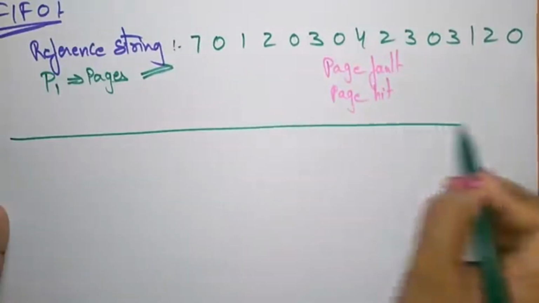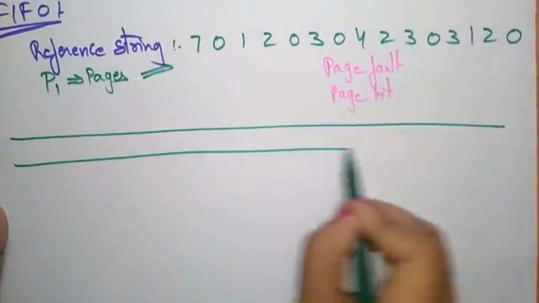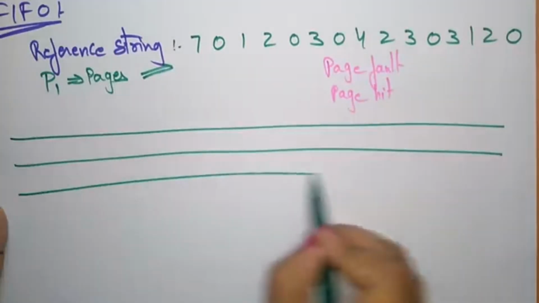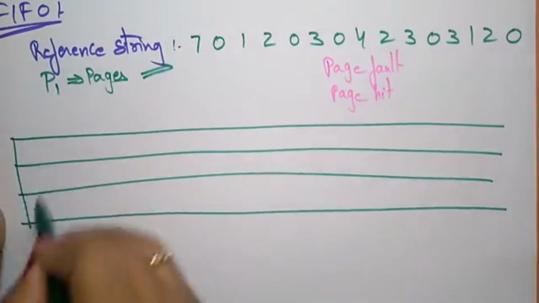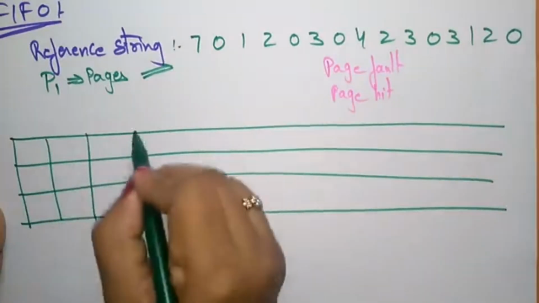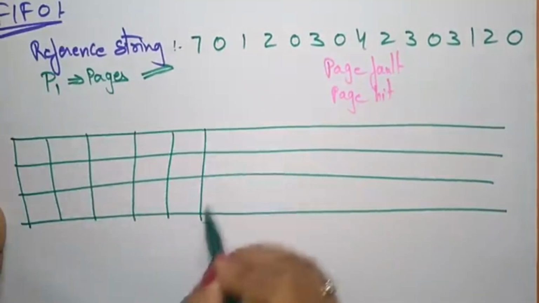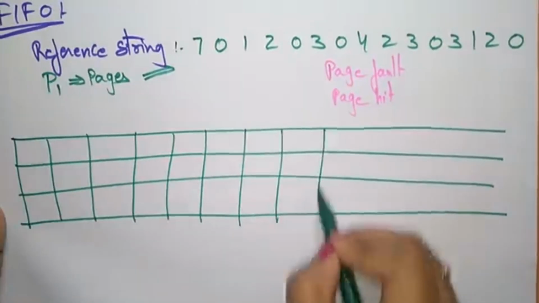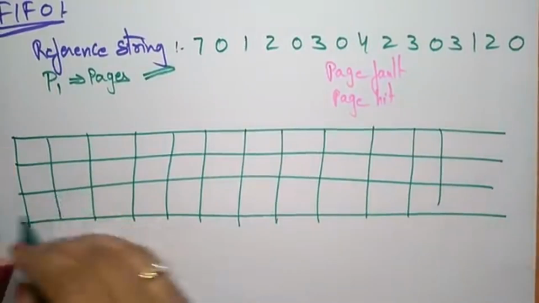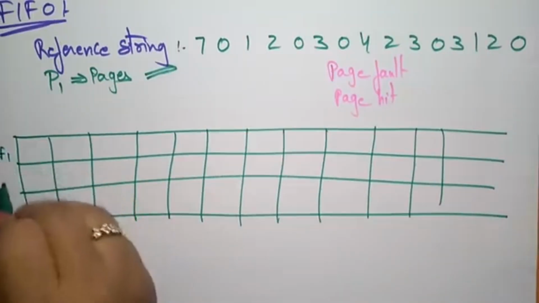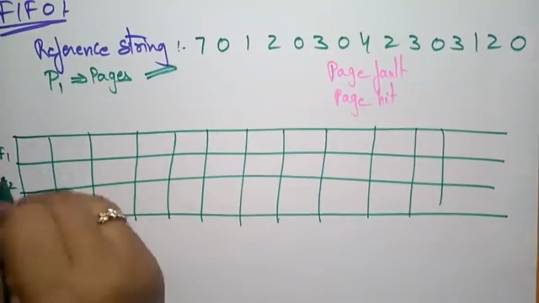Let us take that the main memory is holding only 3 frames, only 3 pages at a time. That is only the main memory capacity I am talking about. So this is the main memory. Here it has frame 1, frame 2 and frame 3.